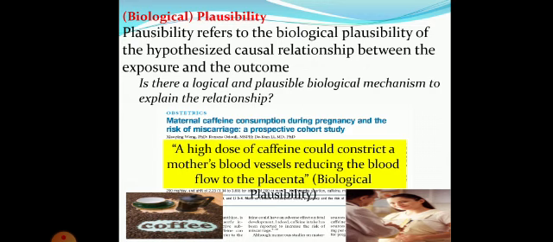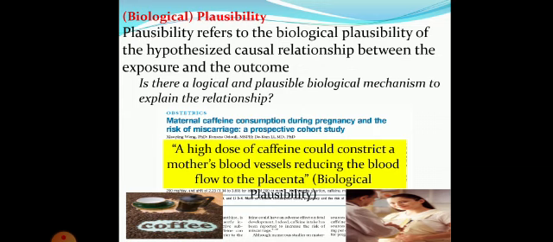Biological plausibility refers to the plausibility of the hypothesized causal relationship between the exposure and the outcome, that is, whether there is a logical and plausible biological mechanism to explain the relationship. There are examples from different studies, such as the association between maternal caffeine consumption during pregnancy and the risk of miscarriage. This is a prospective cohort study.